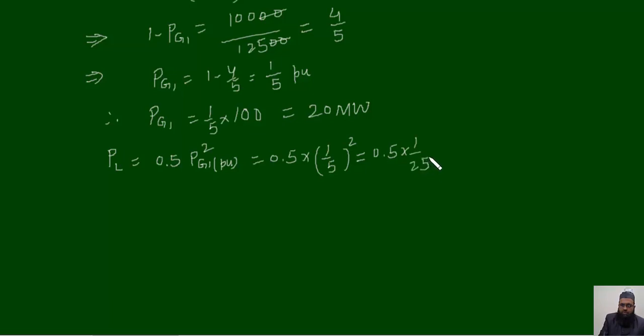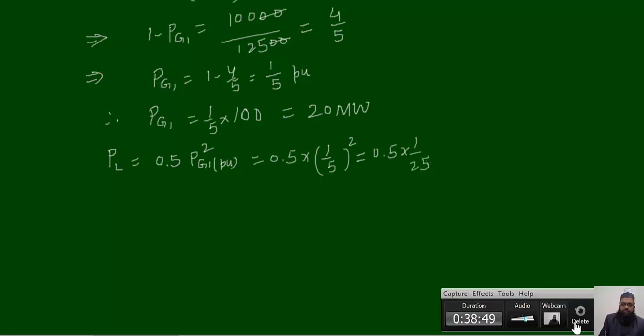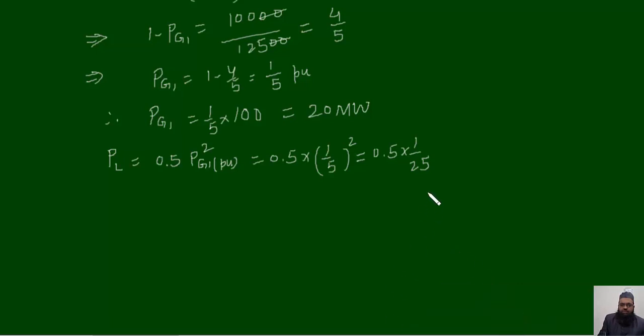This will be equal to 0.5 into 1 upon 25. So finally we will get 1 upon 50 per unit. With 100 MVA base, we may write 1 upon 50 into 100 is equal to 2 megawatt.